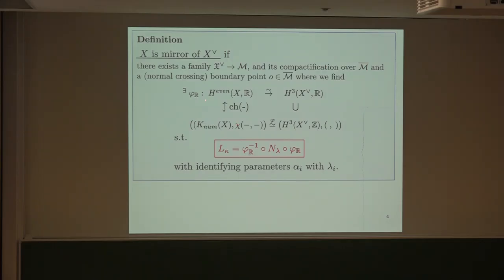It's not just a linear transformation of R, but we require that if we combine this story with homological mirror symmetry, then on this even side there is a category of coherent sheaves, and the K-group where we have the skew-symmetric pairing.